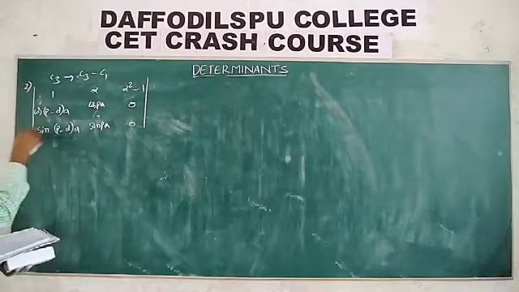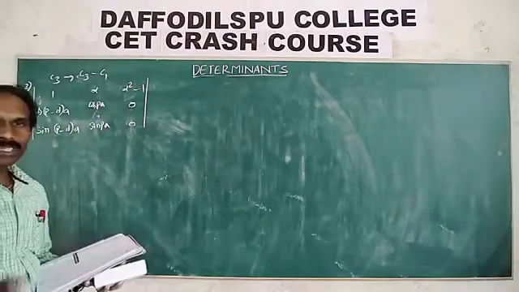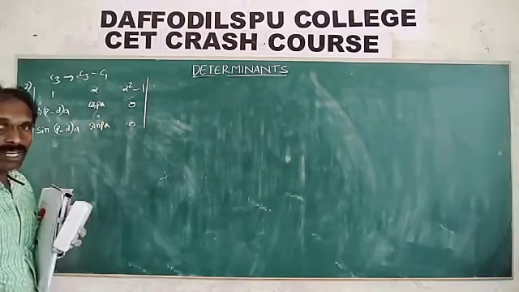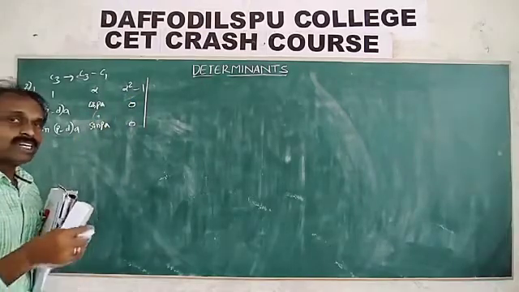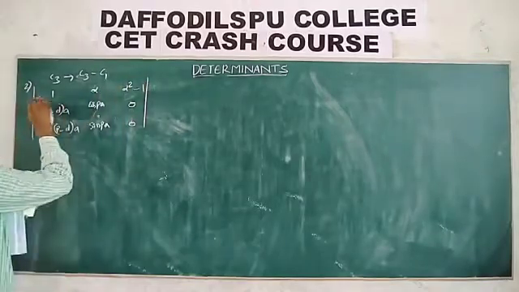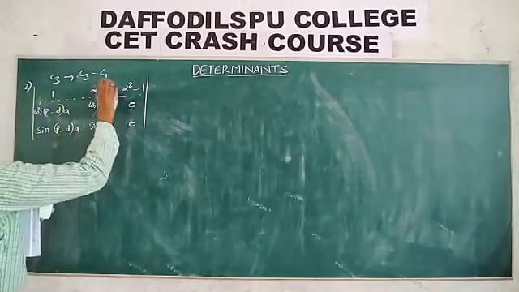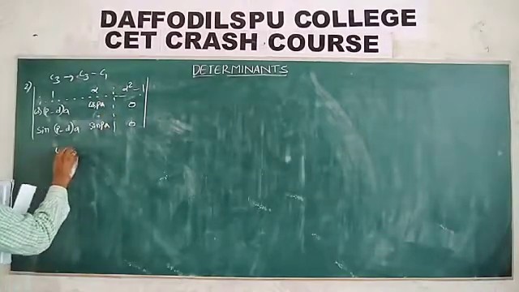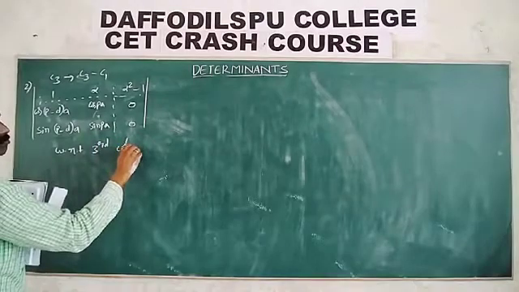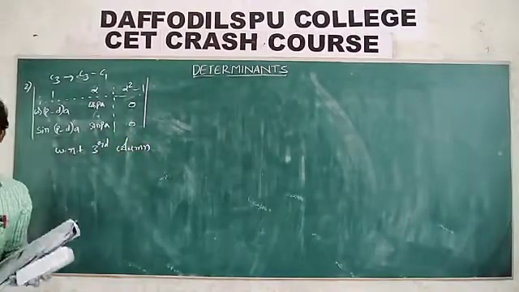Okay, to make two elements 0, take the determinant along the row or column with more zeros. Better to take the determinant with respect to that column or that row. That implies with respect to third column. Take determinant.